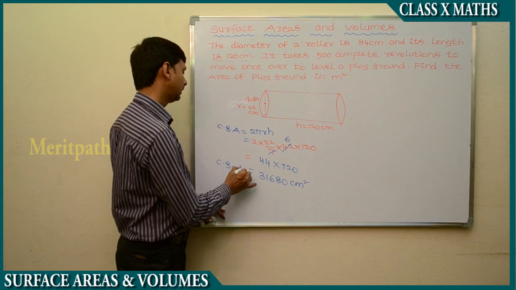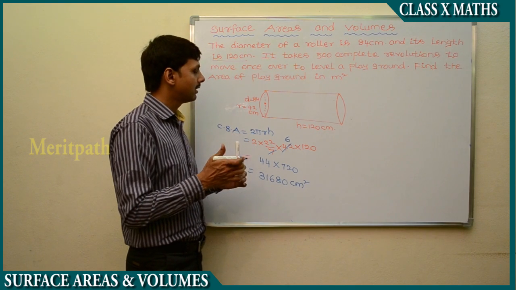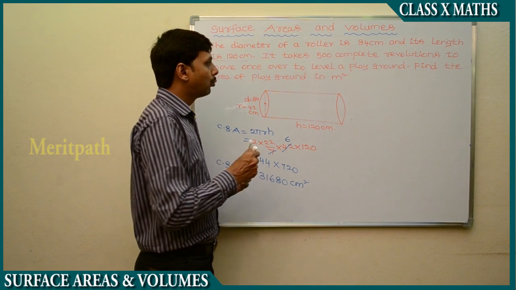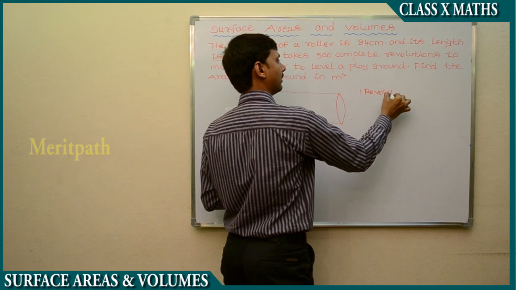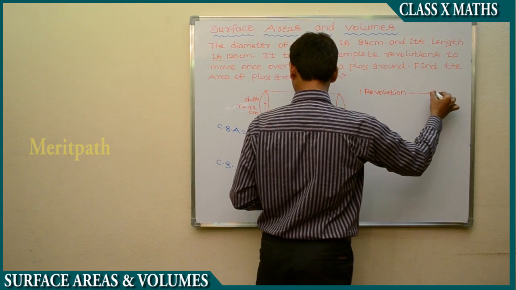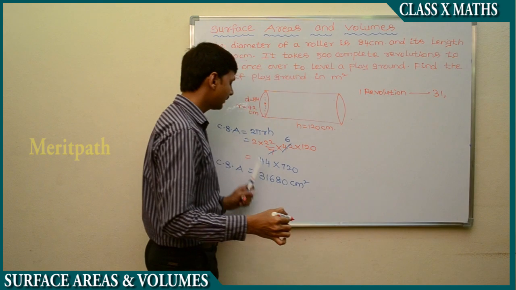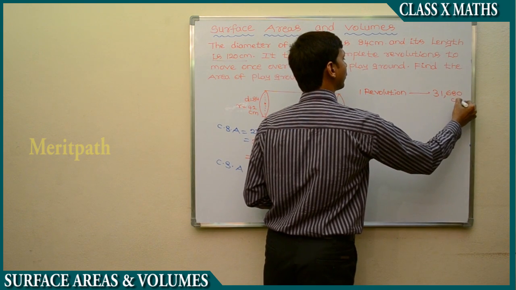This is for one revolution. So we need to do it for 500 revolutions. For one revolution it is 31,680 centimeters square.